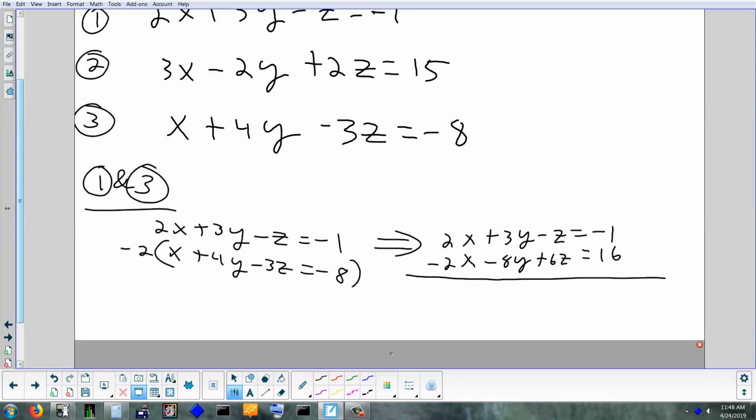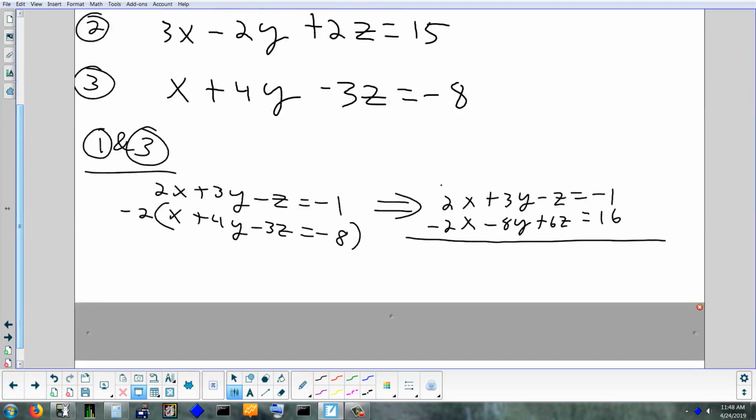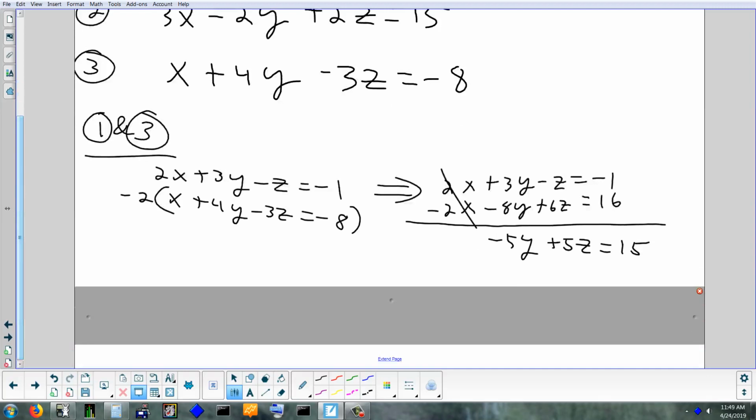Now add them up. When I add them, x's are gone. What do I get for my y's? -5y. And my z's? 5z equals 15. Now, something happens here that doesn't always happen, but we can take advantage of it.